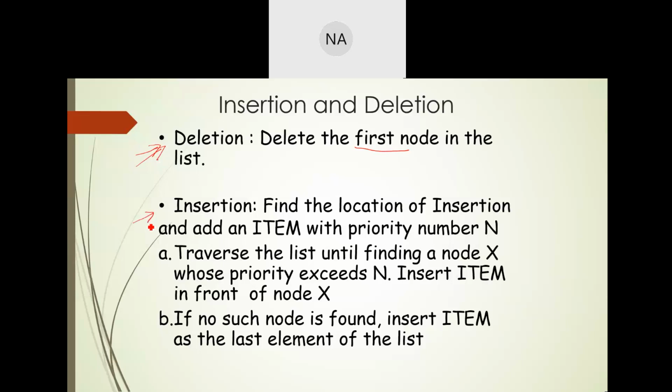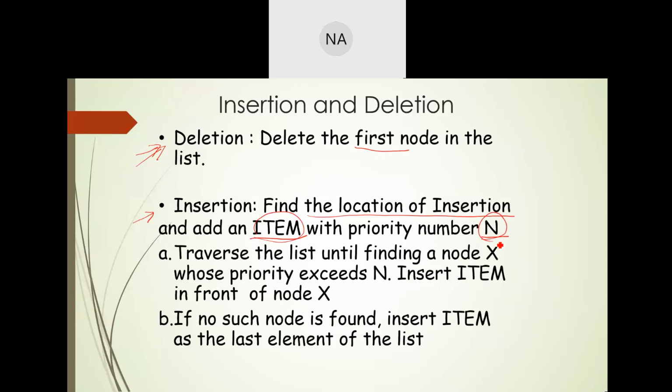Okay, insertion. Say you have to insert a new element with value item and its priority equal to n. What you will do is find the location of this insertion, the location of the item whose priority is equal to n.